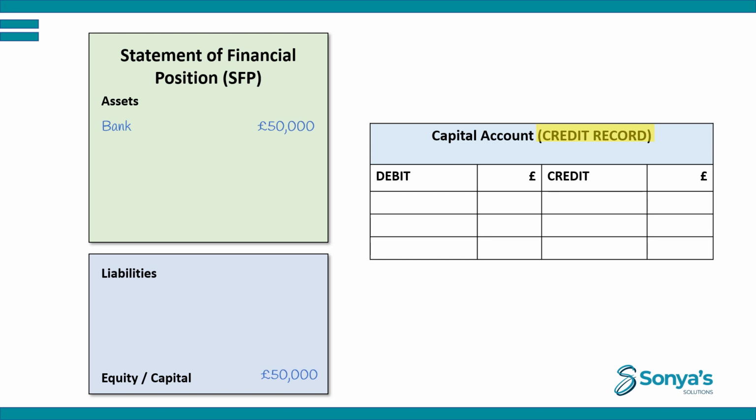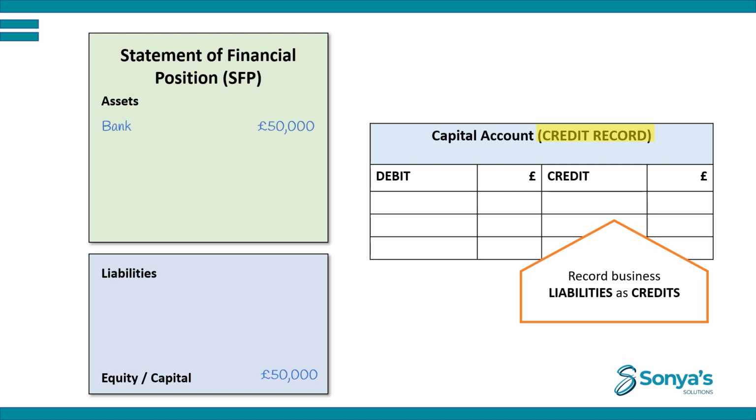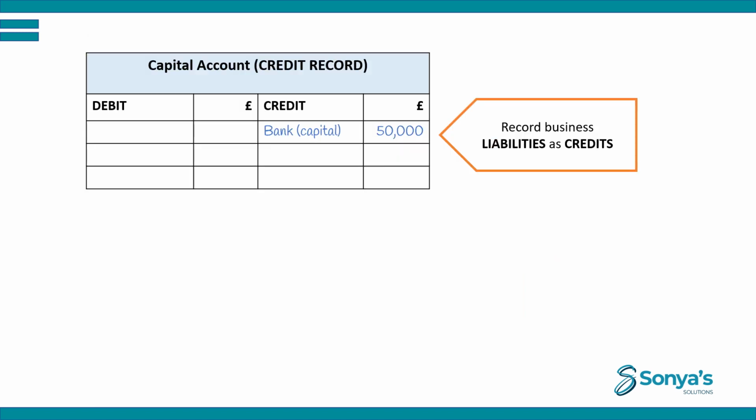So that leads us nicely onto learning about liability ledger accounts, which are credit records. Liabilities are recorded as credits. The capital you introduced is recorded in the capital account as a credit.